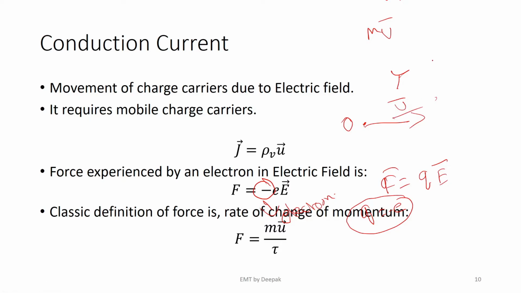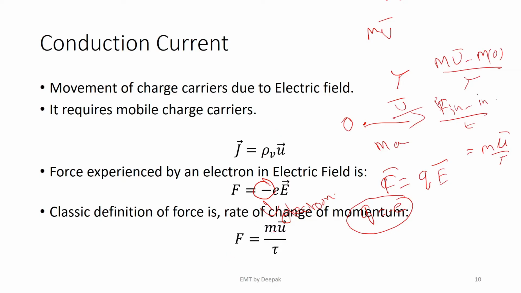Then the change in momentum is m u bar minus m times 0, by tau. Any way you look at it, even if you consider the expression of mass times acceleration, where acceleration is final velocity minus initial velocity by time, there also you will be getting m times u bar by tau.